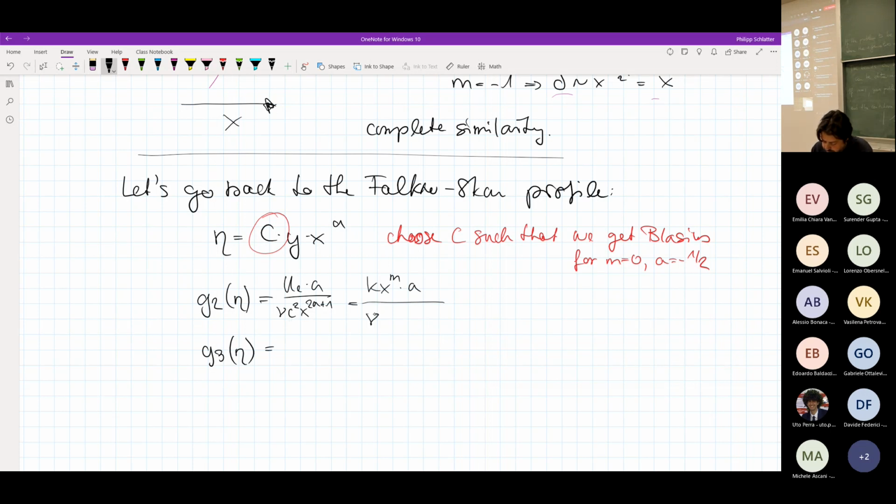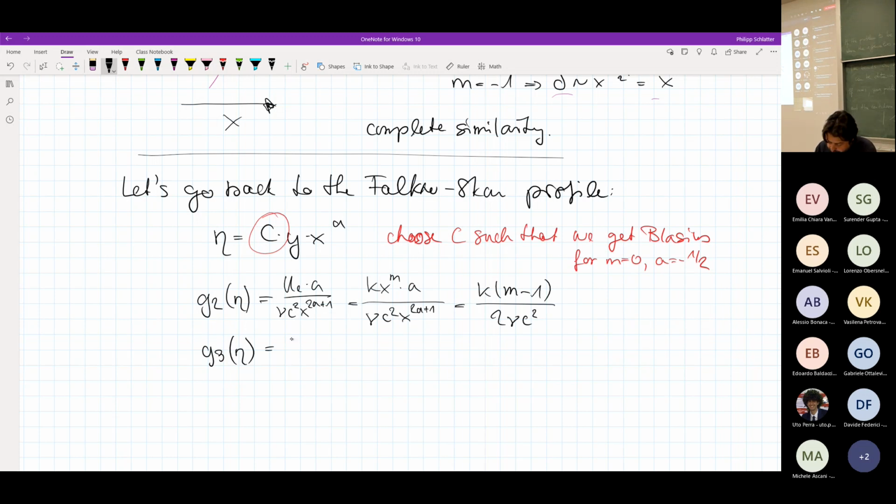We cannot do anything more here, so it's just mu times c squared x to the 2a plus 1. If I make this a little nicer, I get 2 mu c squared down here and k to the n plus m minus 1. This happens because the x to the m and the x to the m of course disappear, has to disappear. That was the whole point. But this is now the result for G2.